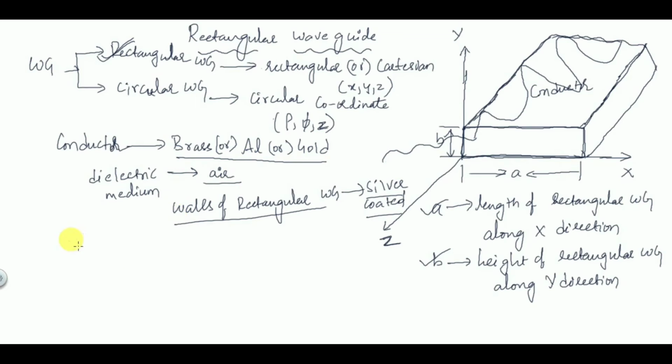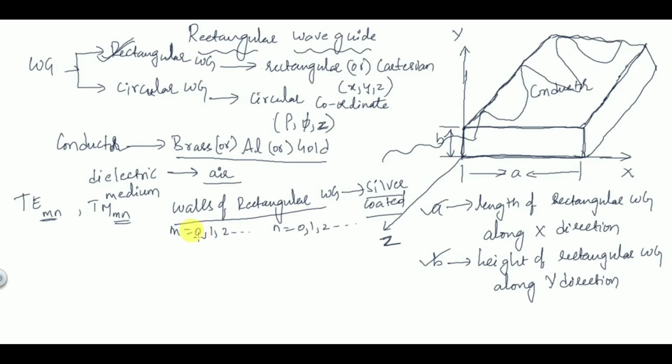Due to multiple reflections occurring, we have TE-MN mode or TM-MN mode. M and N are integers, M equal to 0, 1, 2 and so on, N equal to 0, 1, 2 and so on.